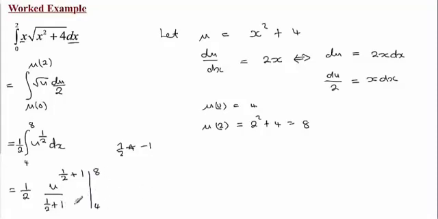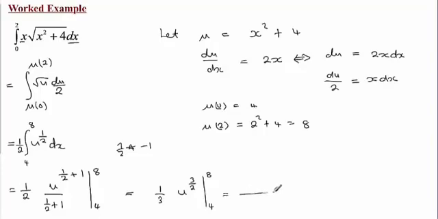Then simplifying here, in the denominator we've got 3 halves, and then inverting and multiplying, we're going to have 1 over 3, and then in this side we've got u to the power 3 halves, evaluated from 4 to 8.